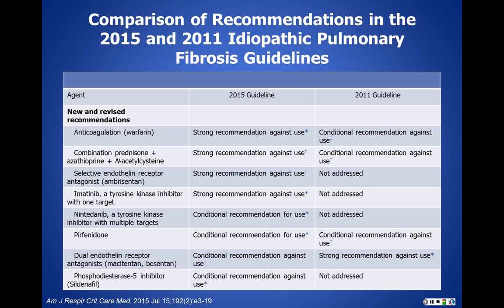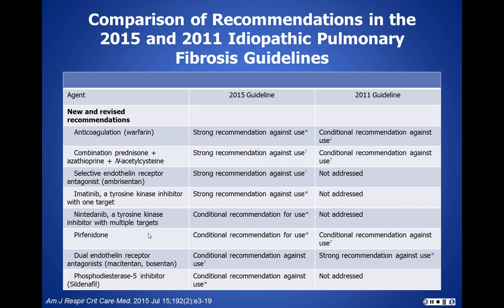They die sooner with aggressive therapy. Okay, especially I have used prednisone, azathioprine, and acetylcysteine, and they did a study and they showed more mortality due to this combo. But before that study was published, I used this combo because that was recommended in consensus guidelines in the past. Do not use any of this ambrisentan, imatinib, nothing.